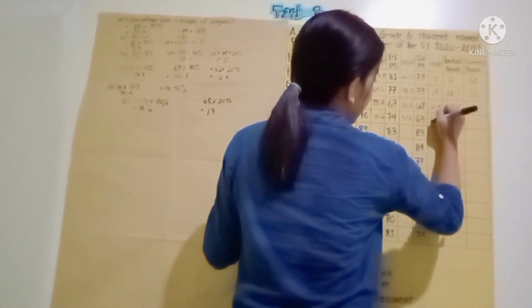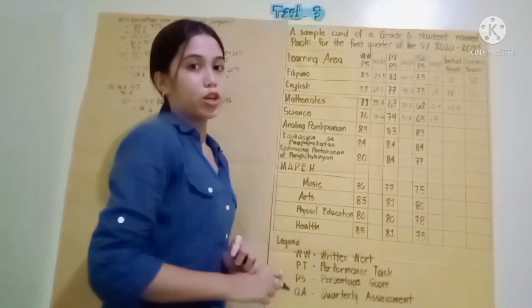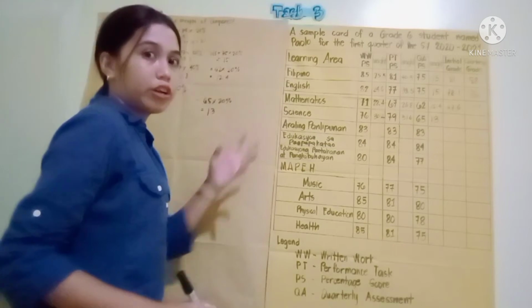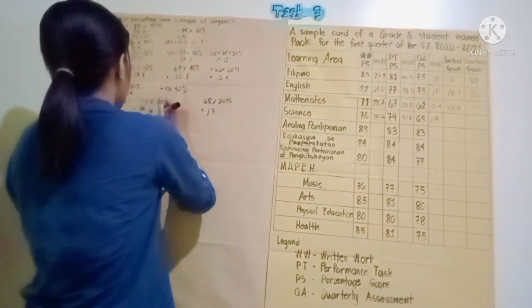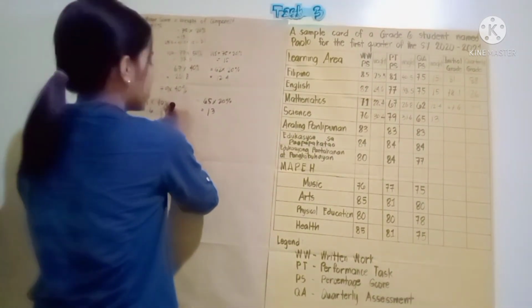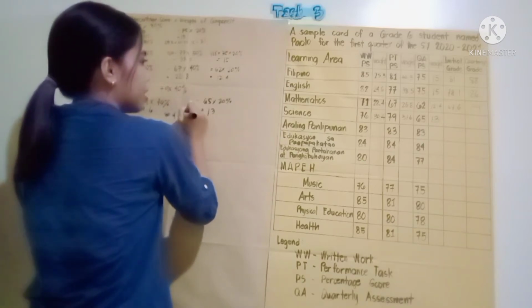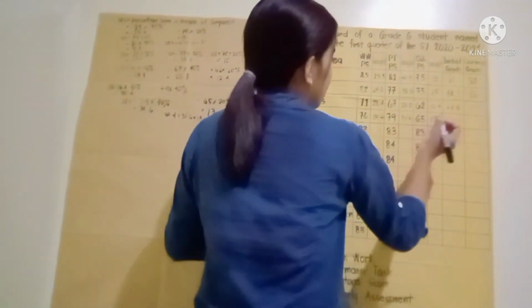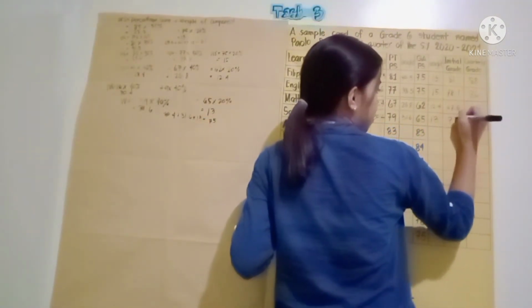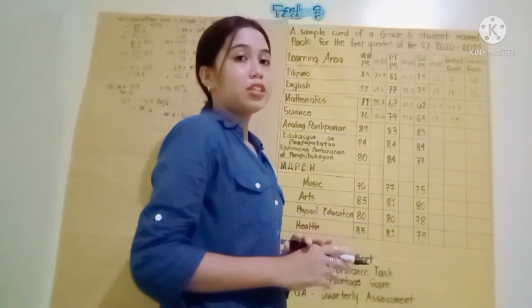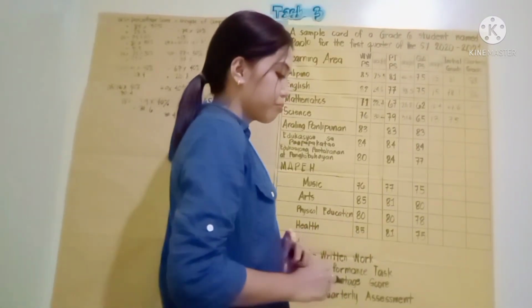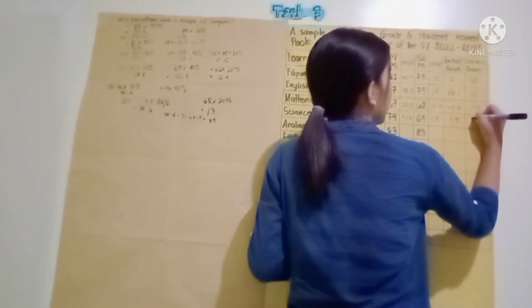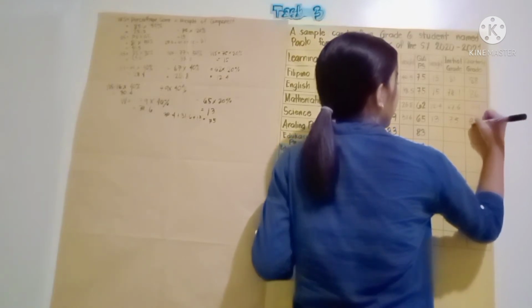So 13 is the weighted score for the quarterly assessment in the science subject. So to get the initial grade, we need to add 30.4 plus 31.6 plus 13. So the initial grade is 75. The transmuted grade for 75 is 84. So the quarterly grade of Paulo in the science subject is 84.